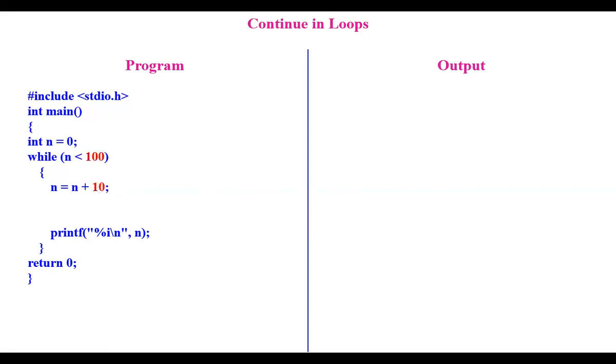Now, suppose another interesting thing. I want to print numbers with n value less than 100. Each number is incremented by 10, initially 0, then 0 plus 10.